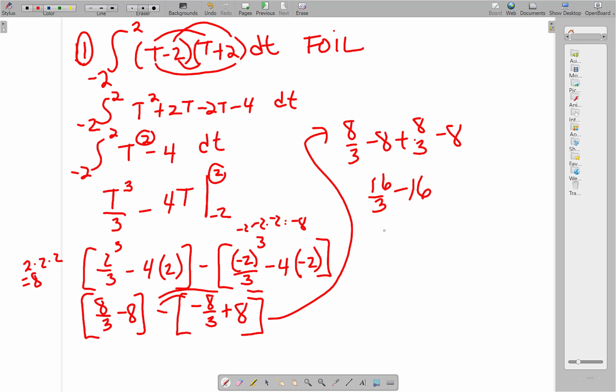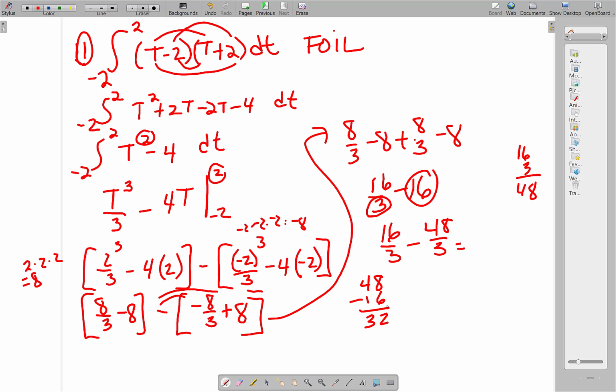We would have 16 thirds minus 16. Three 16s are 48. That was just changing 16 to have the same bottom number as this one, which would be 3 times 16 is 48 thirds. So 48 minus 16 gives you your negative 32 over 3.